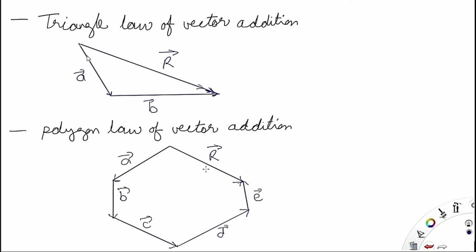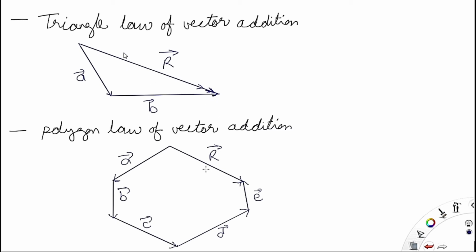So if at 2 sides you are putting 2 vectors A and B, and both are along the sides, and the resultant is opposite to that sense. Okay, so A and B are going in an anti-clockwise direction and R is coming in a clockwise direction.